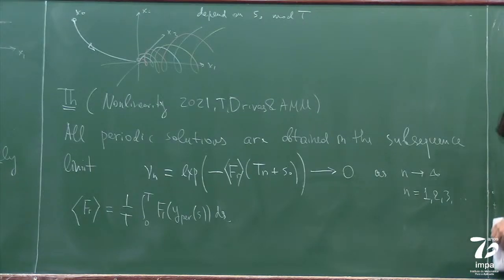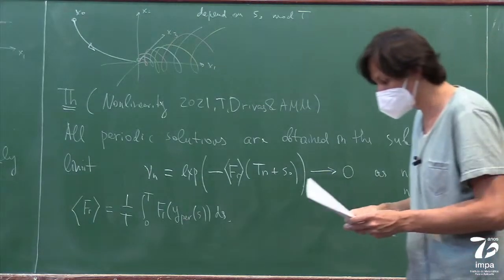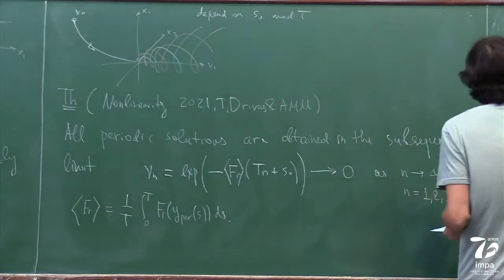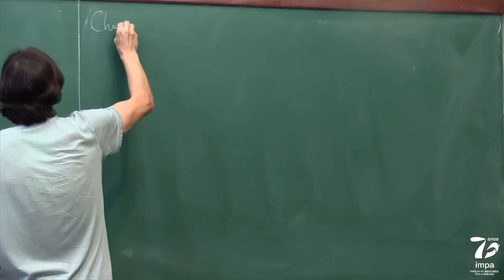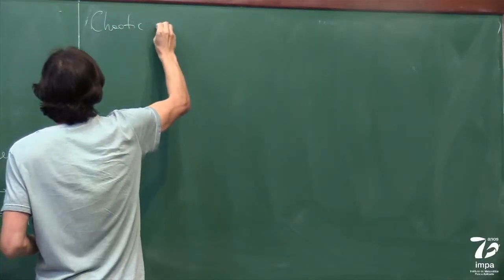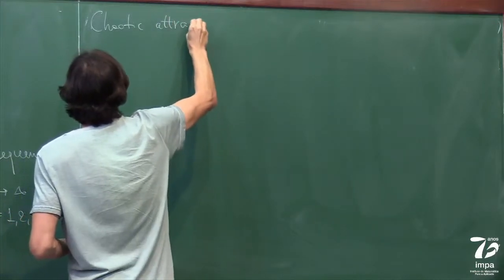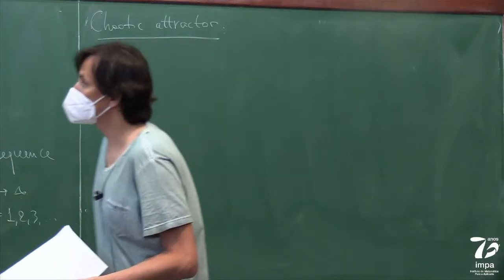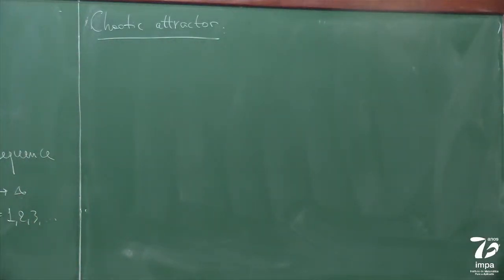And finally, the most counterintuitive case is when we have a chaotic attractor. So what happens when the attractor is chaotic?